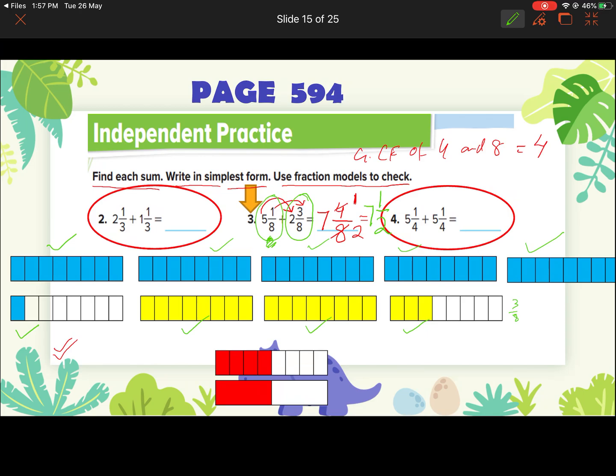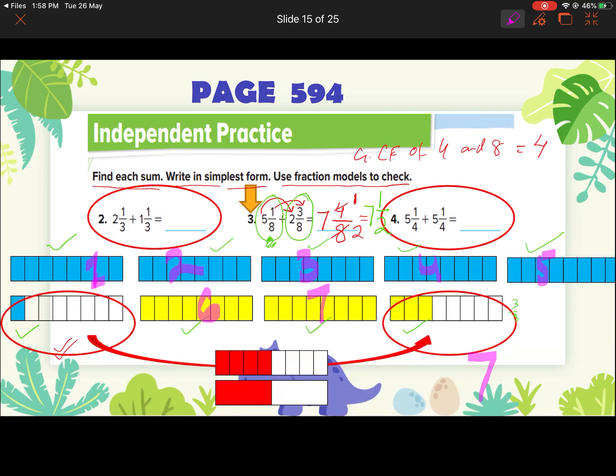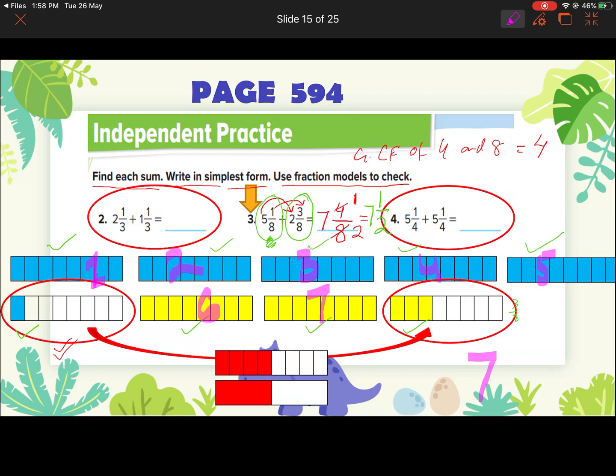Now if we add all the wholes together, what will we get? See this now. 1, 2, 3, 4, 5, 6 and 7. So it means 7 wholes. And now we will add the fraction parts, meaning the colored parts.